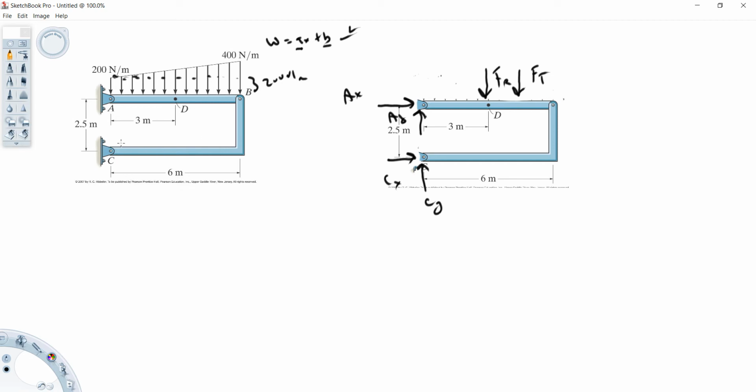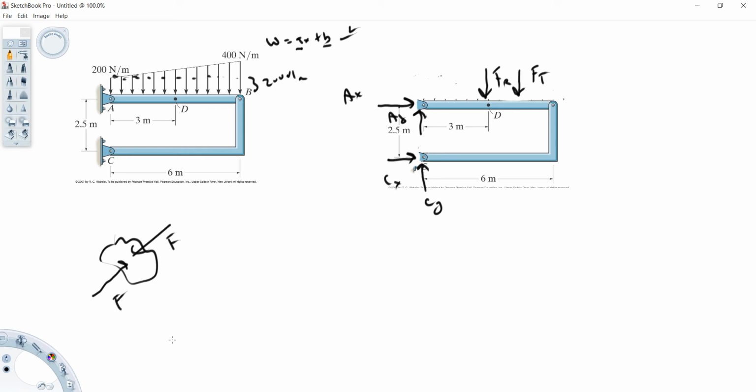and notice that CB is a 2-force member. There's no loading on it other than at B and C. So when you have any sort of 2-force member, it only has 2 forces. Not only do they have to be equal, but they have to be collinear.